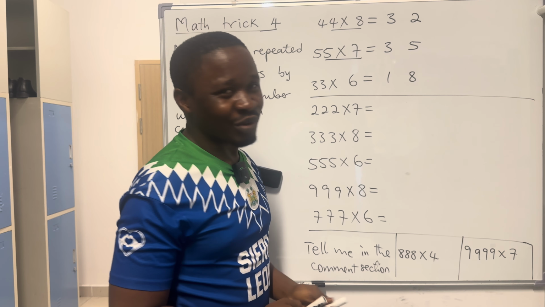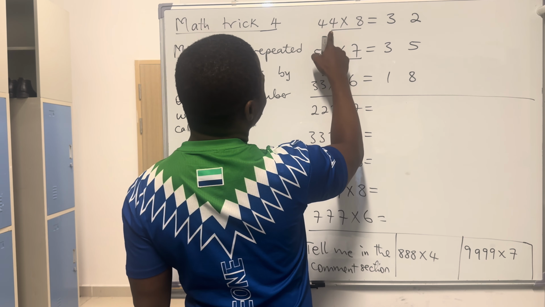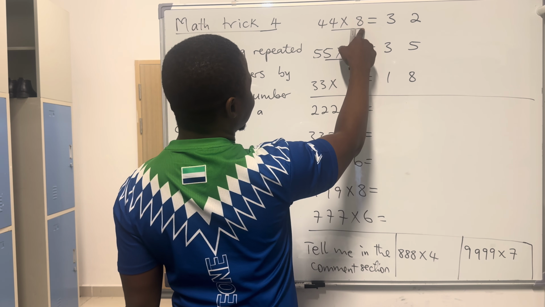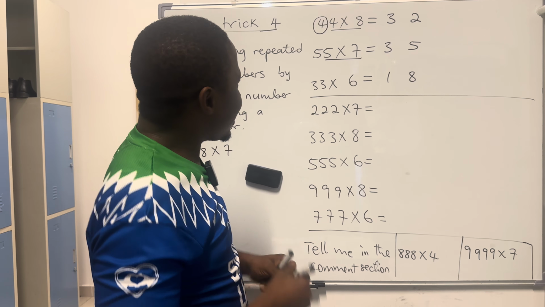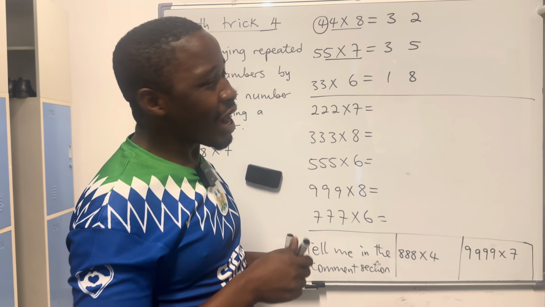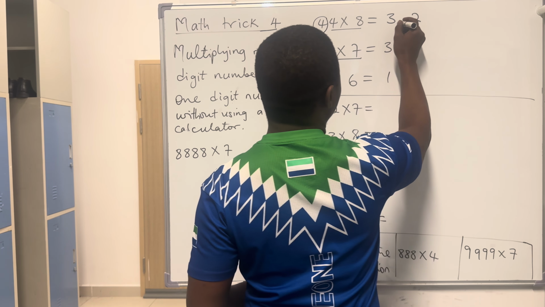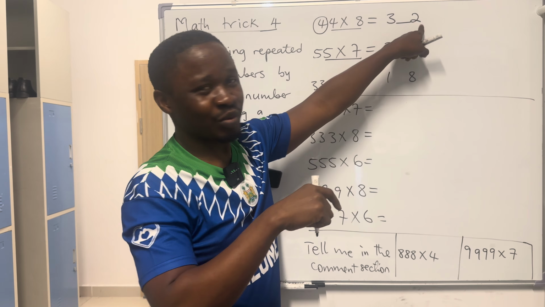One thing I want us to understand is that we use this 4 to multiply this, so we are left with this 4. Being left with 4 simply means we are left with one digit, so we are to insert only one digit between 3 and 2.